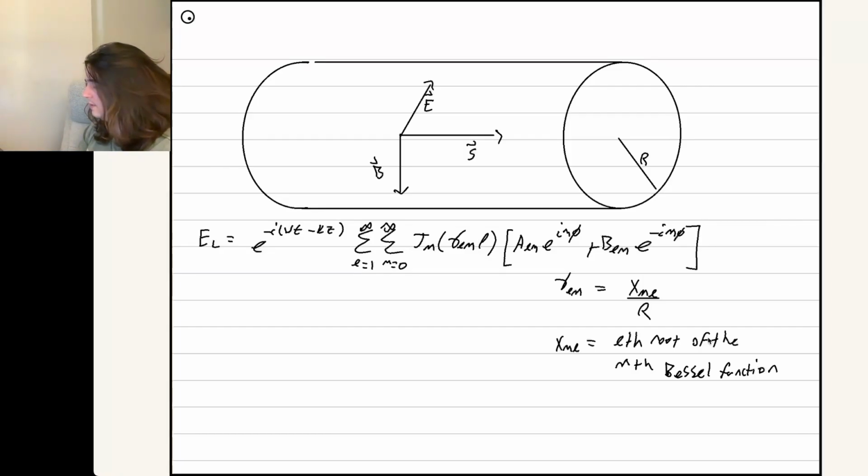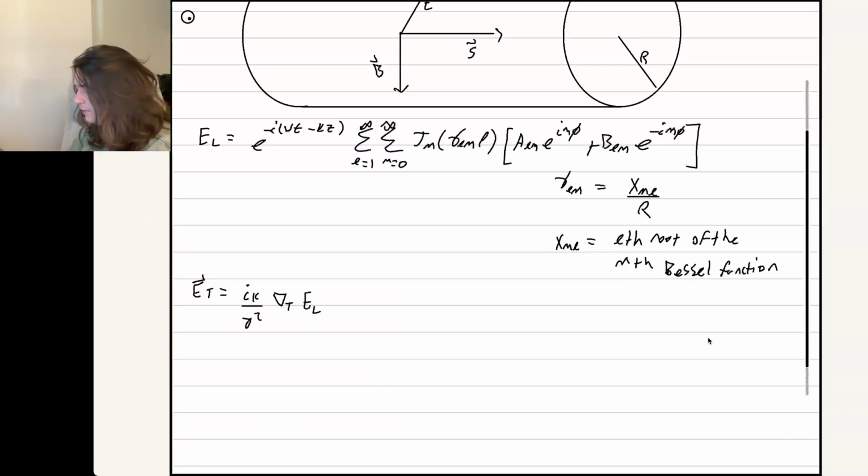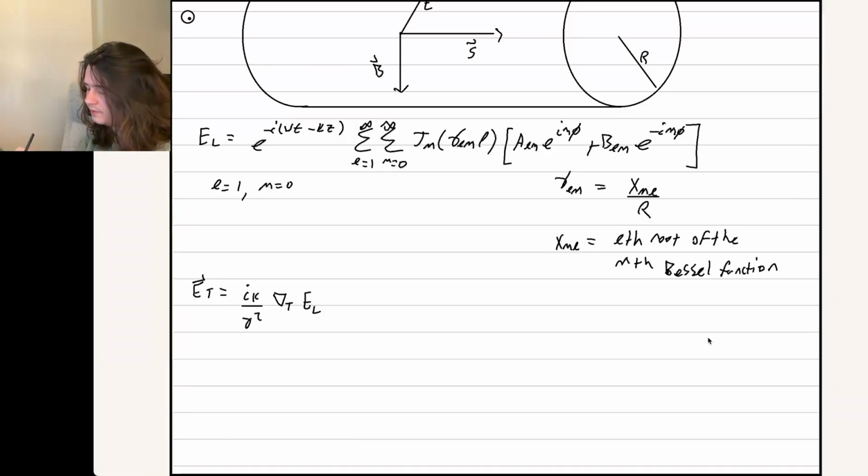We can get the transverse electric field by calculating ik over gamma squared times the transverse gradient of the electric field. I'm going to go ahead and look at the L equals 1, m equals 0 term, which is the lowest order in the expansion.